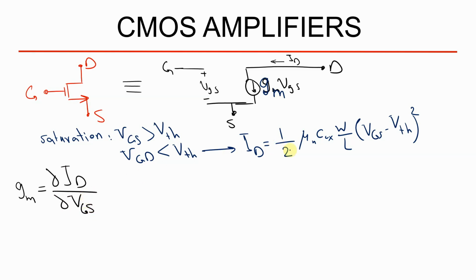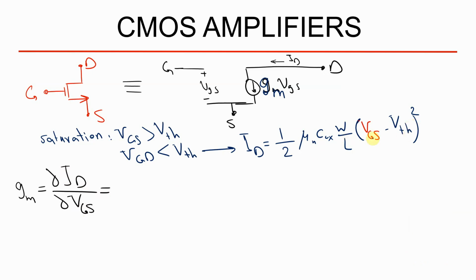We take the derivative of this function with respect to VGS. What does that mean? It means that all the parameters in this formula are constant except VGS. We assume that VGS is variable. So now I'm going to take the derivative of this drain current with respect to the gate-source voltage.